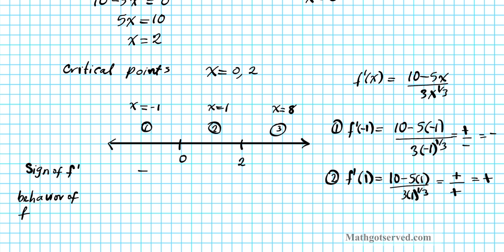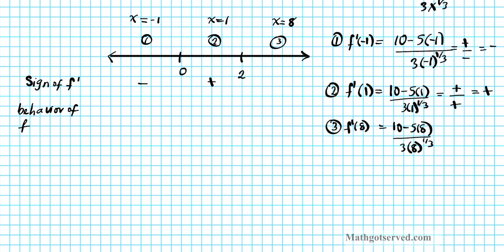So we have a minus here, positive here, and then for interval 3, f prime of 8, we're going to have 10 minus 5 times 8 over 3 times 8 to the 1/3. Now, let's see. In the numerator, we have 10 minus 40, which is a negative result, and the denominator is positive, so the first derivative sign in interval 3 is actually negative.